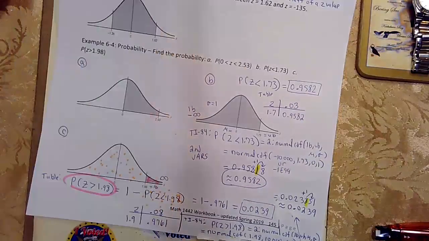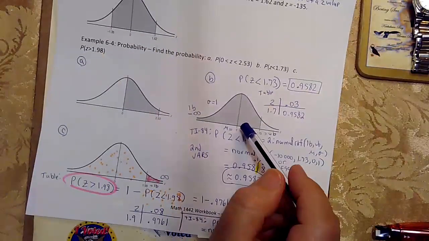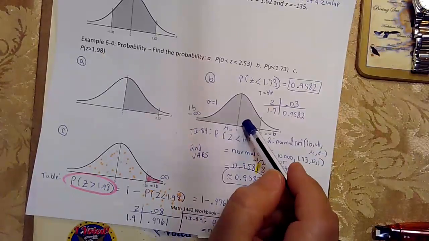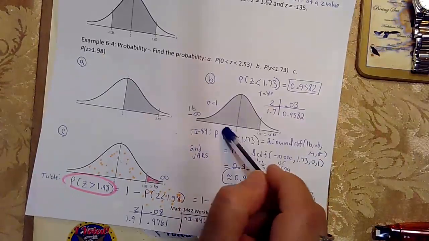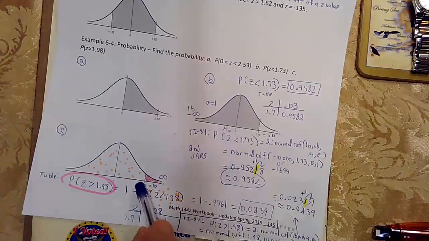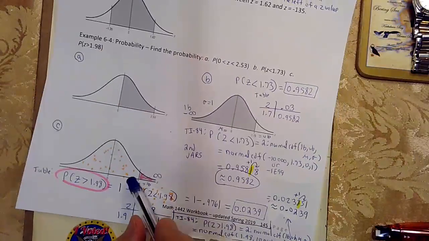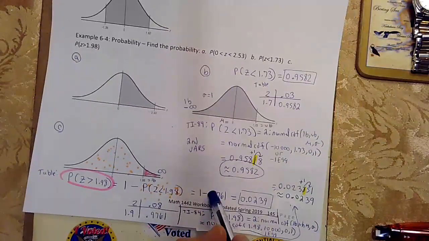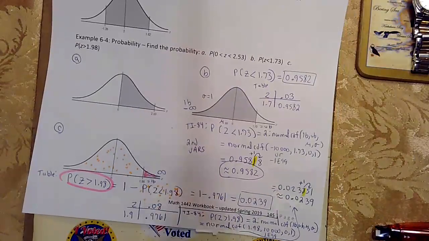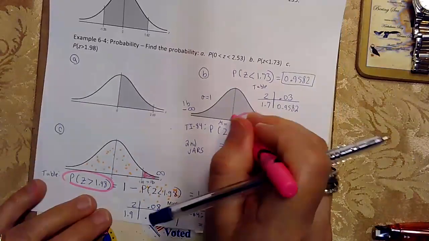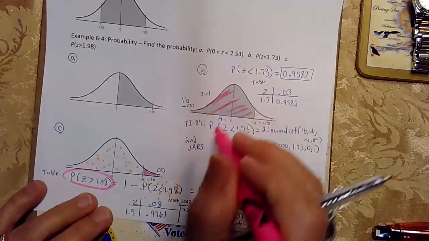Okay. So this one doesn't require the complement because this is already an area that's to the left of the curve. But this one down here that we did, part C, requires the complement because of the area you're trying to find.